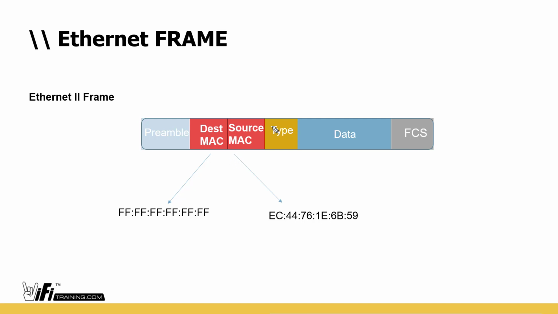Then you've got a type, and then a data portion of the frame, and then a frame check sequence. Now, the big thing in this, again, this is for wired Ethernet networks, is that I have a source MAC that defines who is transmitting on the network, and a destination MAC, which is who the traffic is for. Okay, so it's like sending somebody a postcard, right?